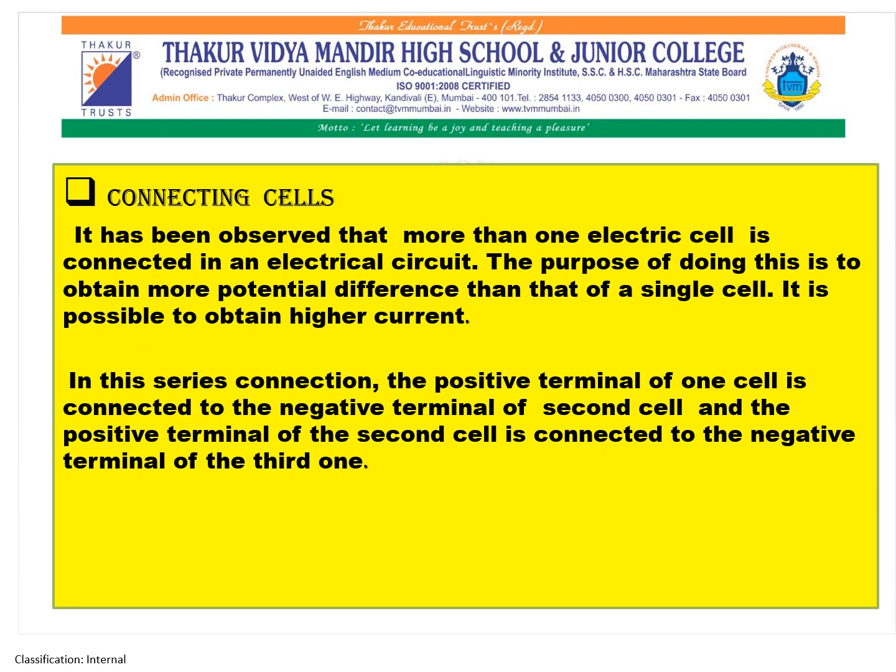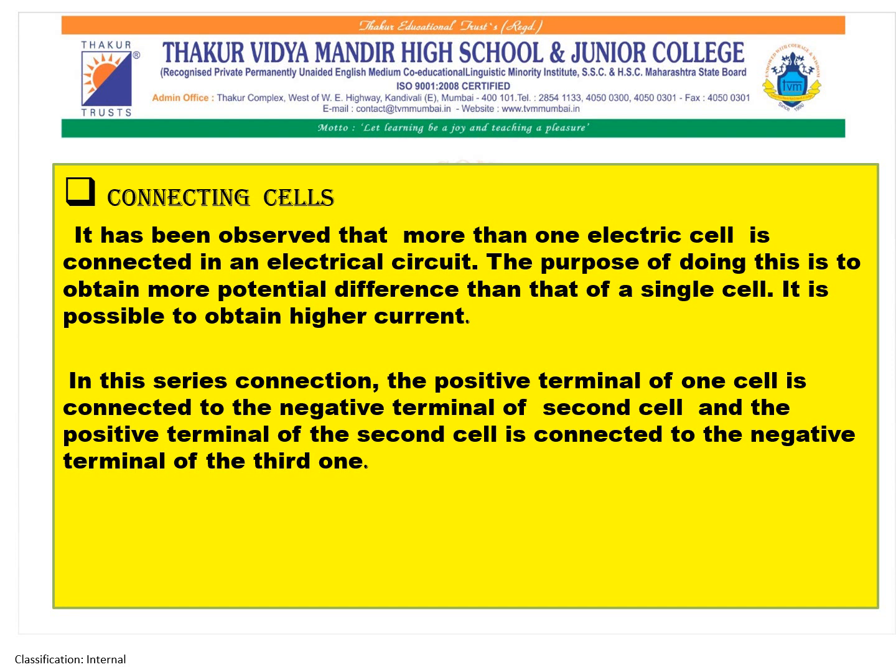Now coming to the concept of connecting cells, it has been observed that more than one electric cell is connected in an electrical circuit. Why is this so? The purpose is to obtain more potential difference than that of a single cell.